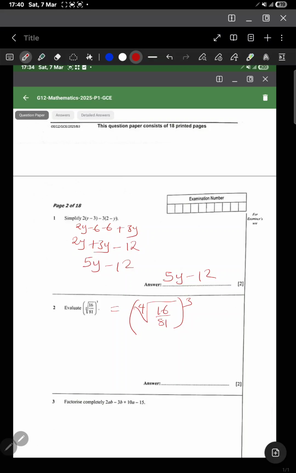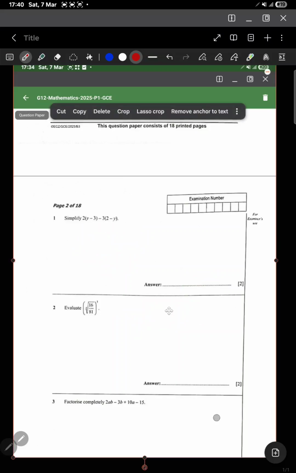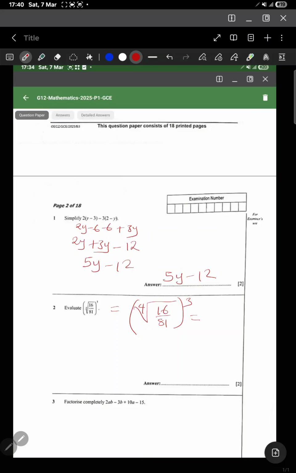They want you to get the number that when you multiply it 4 times you get 16, and the number that when you multiply it 4 times you get 81. That's the meaning of the fourth root of 16 over 81. The only number that we can multiply 4 times to get 16 is 2, and the number that we can multiply 4 times to get 81 is 3. So you put that and raise it to power 3.